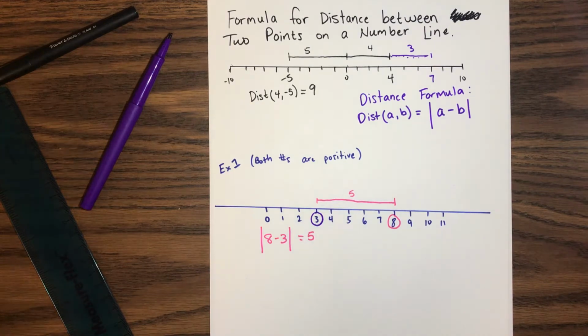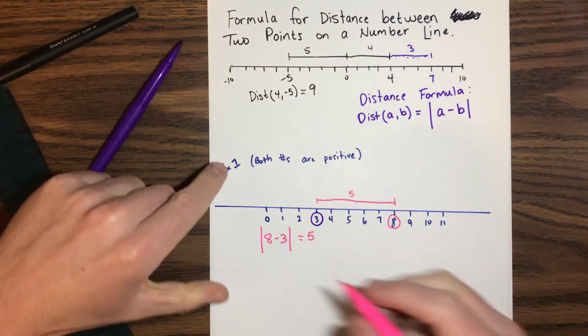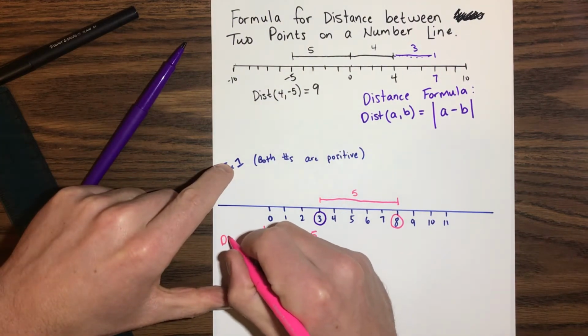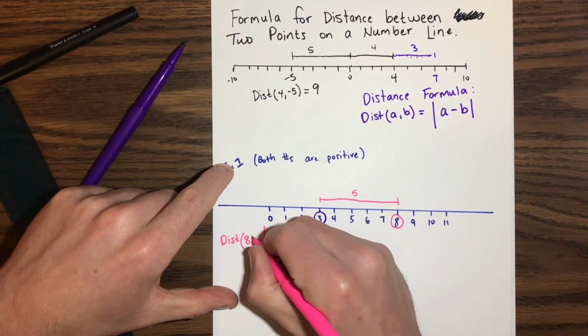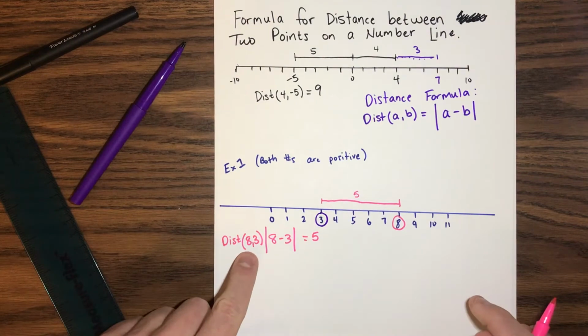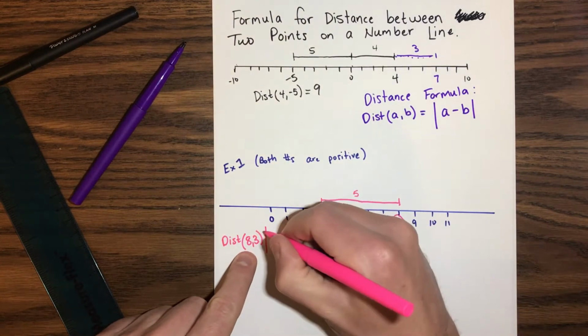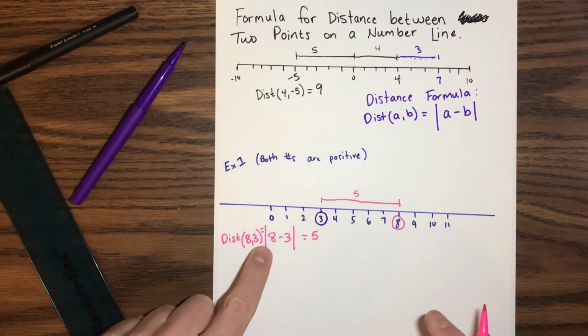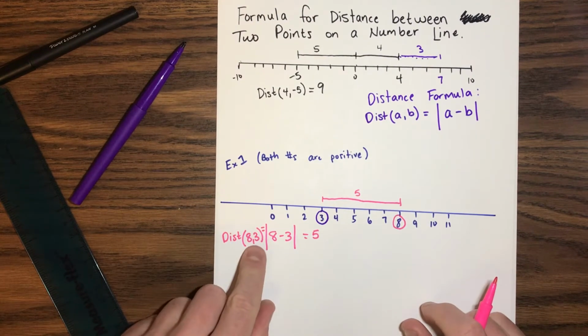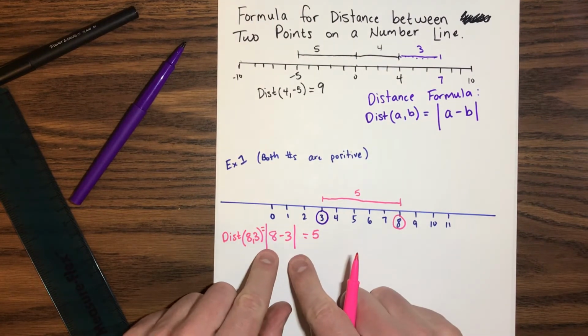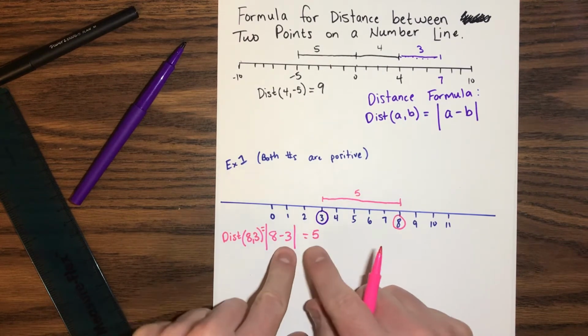So we just take the absolute value every time just to be safe. And so we write it like this: the distance between 8 and 3, or you could write it as the distance between 3 and 8, doesn't matter, equals the absolute value of 8 minus 3, and that equals 5.